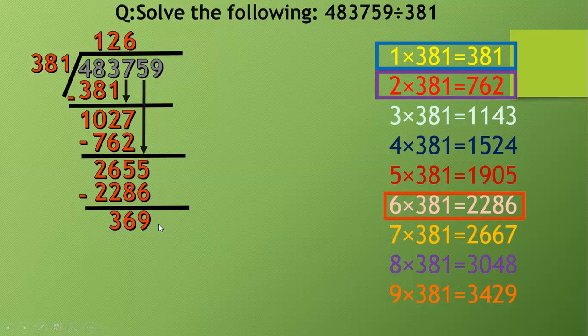Now bring down the next digit, that is 9. So our number 3699 is greater than 381. So find the product of 381 which is equal or smaller and nearest to 3699, that is here, which is 9 multiplied by 381 is equal to 3429.